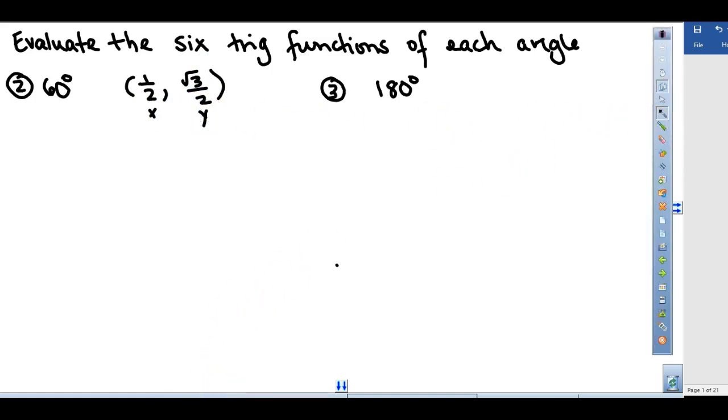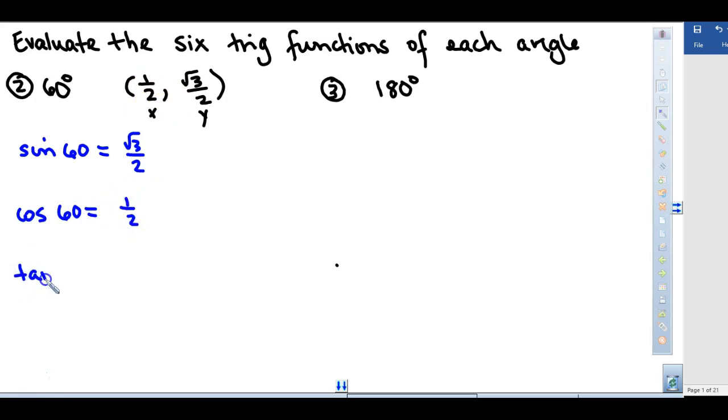So if you know that, then what you can do is you can say, well, the sine of 60 degrees is the y-coordinate. The cosine of 60 degrees is your x-coordinate. The tangent of 60 degrees is what you get when you divide your y-coordinate by your x-coordinate, so square root of 3 over 2, divided by 1/2.